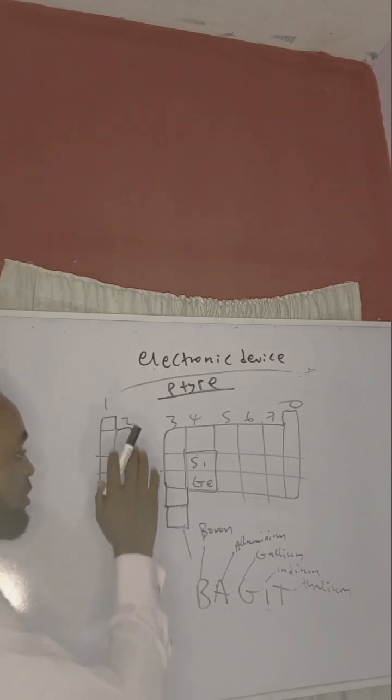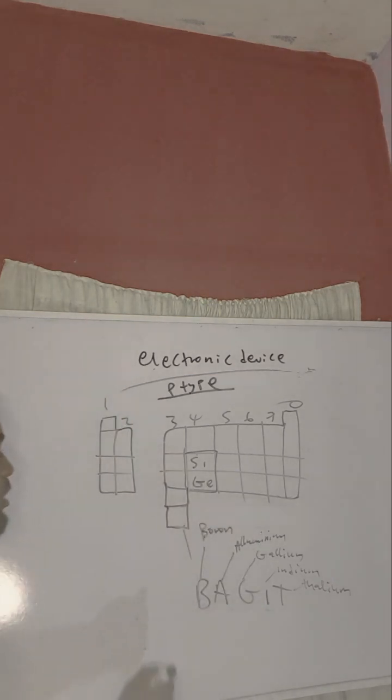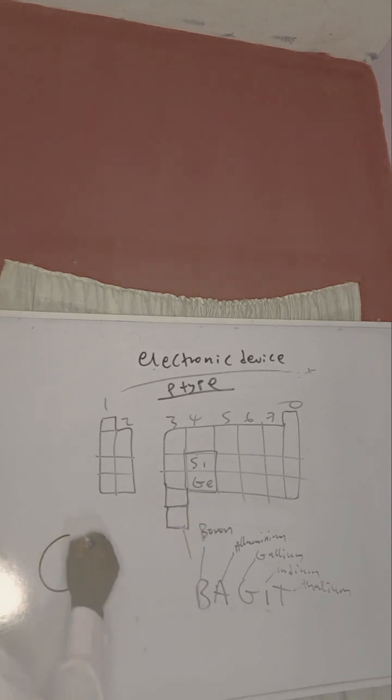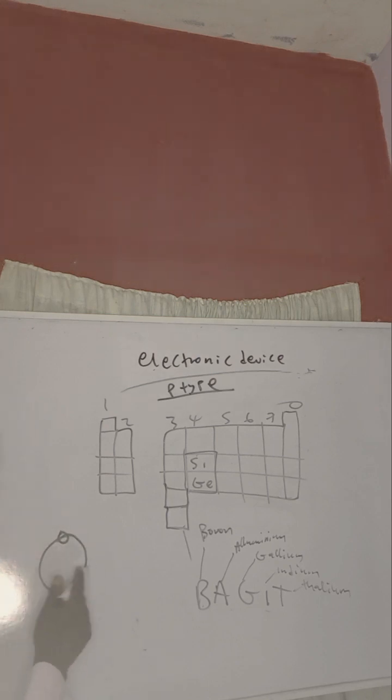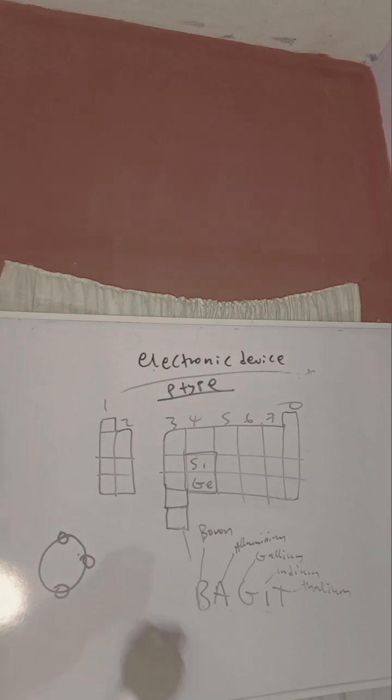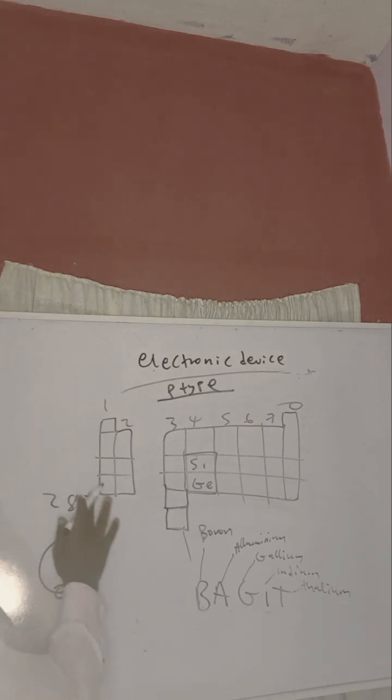Then, if you look at the board now, we are having something like this. Here is my semiconductor, and here are my trivalent elements. I'm having 3 electrons, because trivalent elements have 3 electrons in their atomic shell. Example, aluminium, which is 2, 8, 3.